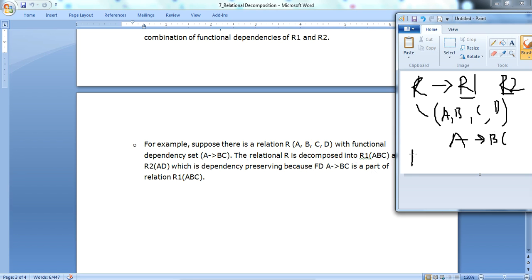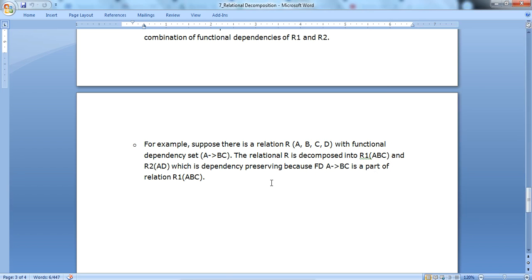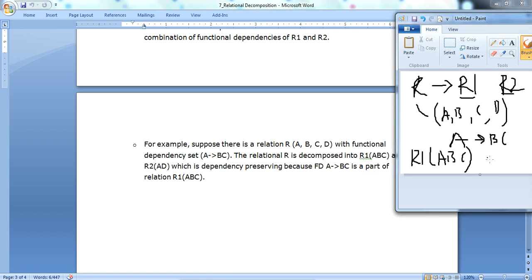R1 is ABC, and R2 is AD. It means ABCD as a relation, we divide it in two, decomposing it into R1 and R2.